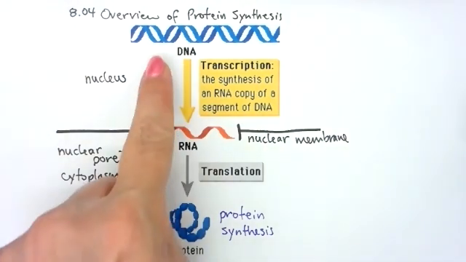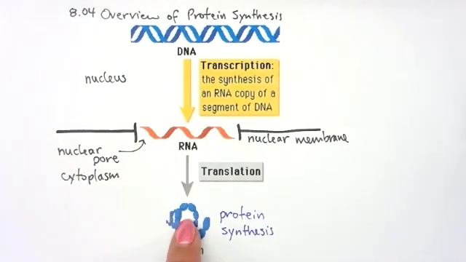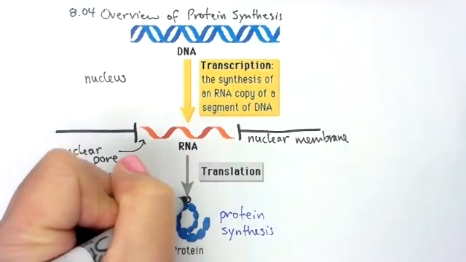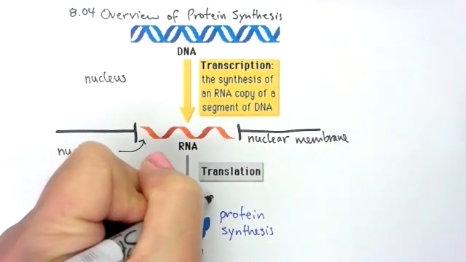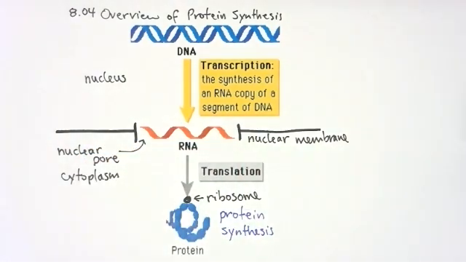So somehow you have to get this information off of the DNA out to the cytoplasm in order to build the protein. And here's a ribosome. Let's give ourselves a ribosome, because we said in the last video, that's where protein synthesis takes place. And this is the protein that's forming down here.